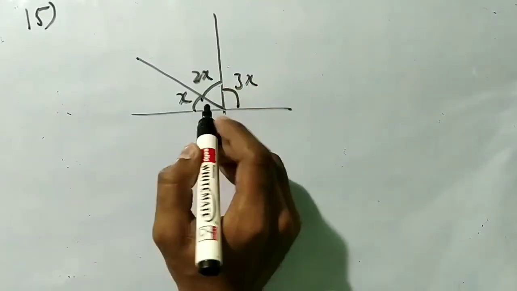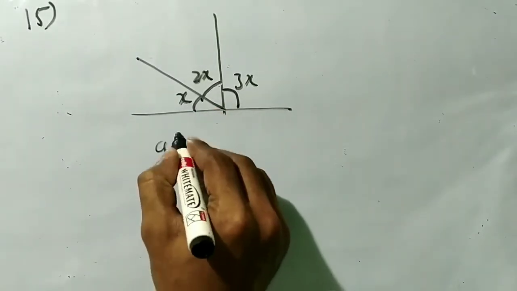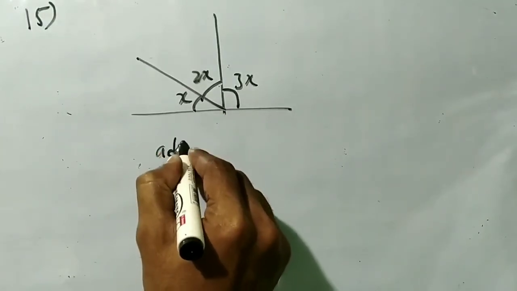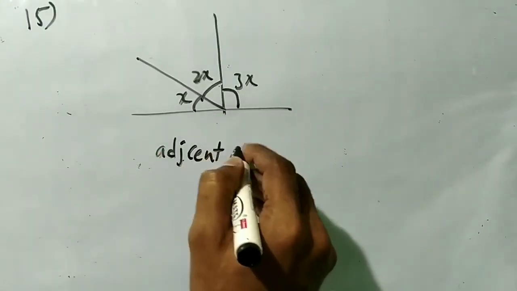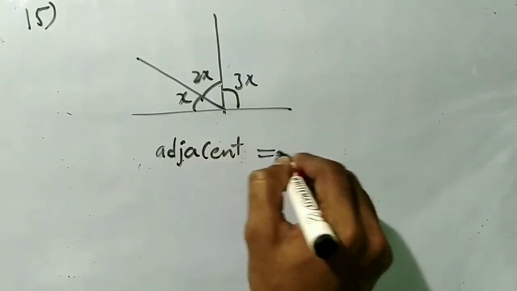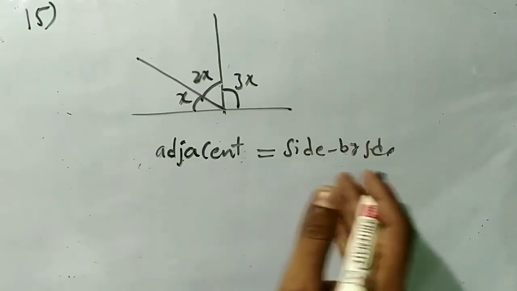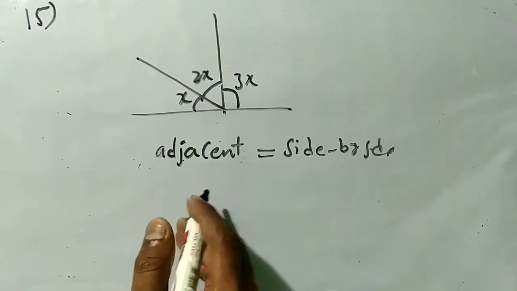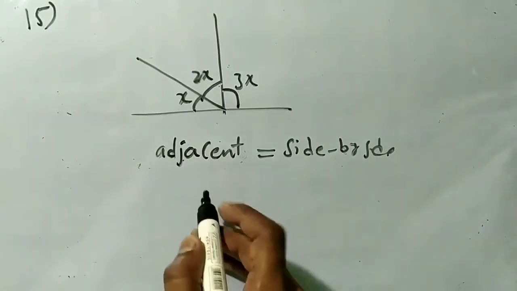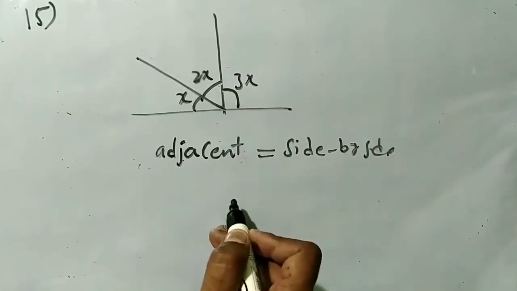Here adjacent is nothing but side by side, beside. If your friend is sitting beside you, then Ramo sitting beside you is nothing but Ramo sitting adjacent to me.